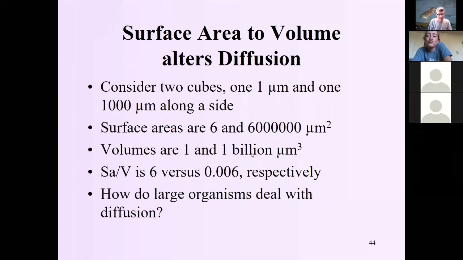The surface area to volume ratio is 6 for the small object and 0.006 for the larger cube. So it's simple math. If you want to pull up the surface area of a sphere, you can do that. I believe there is even an example in the book on that. But if not, bug me and I'll give you another example if you want to go through that calculation.